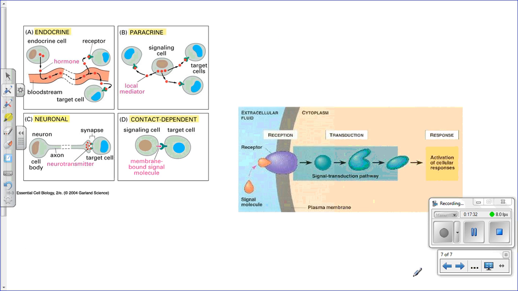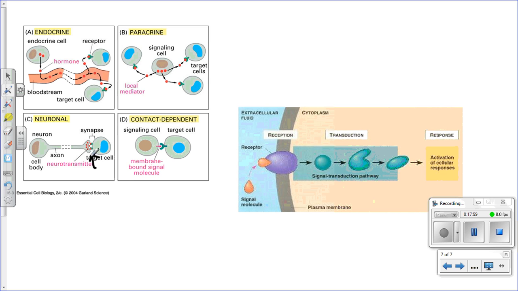The last thing that you need to understand is cell signaling and how cells talk to each other. We've talked about this a little bit over the course of the year, but you need to know the 4 different types. So endocrine, this is when a cell releases stuff like hormones into the bloodstream, and then a receptor cell. So we got these glycolipids and glycoproteins, these things that are embedded in the cell membrane that allow for the reception. Neuronal, where we have like a synapse.